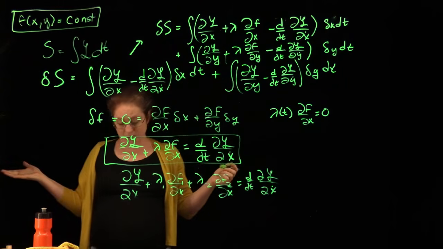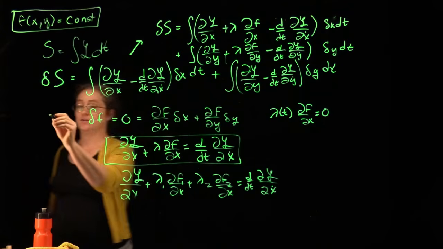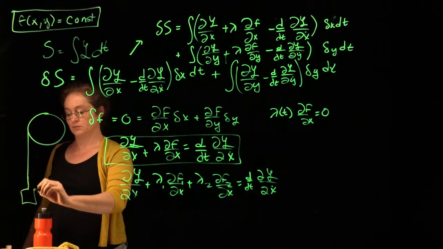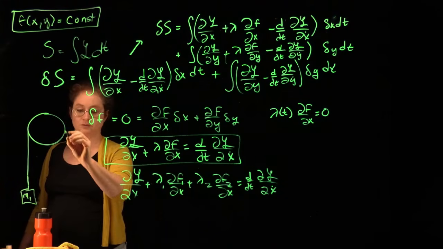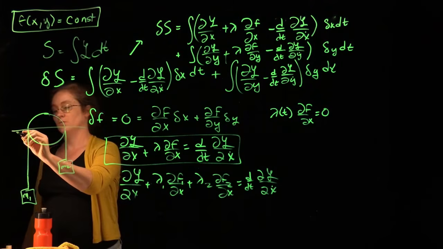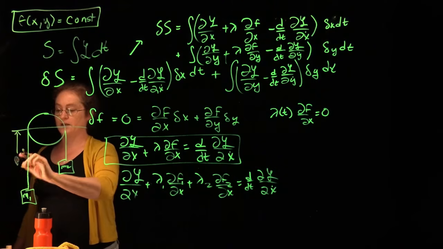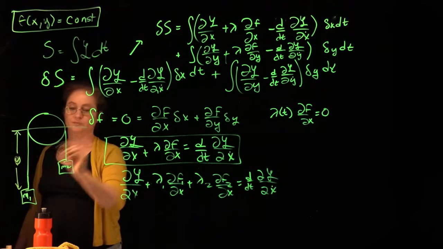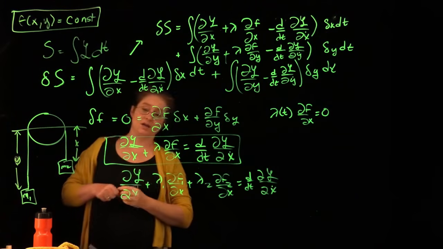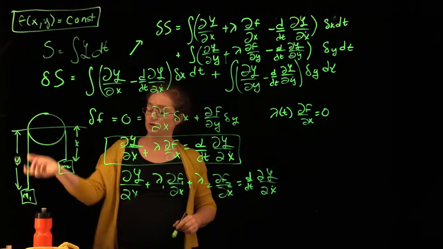So let's take the first case. You have an Atwood machine, which is the example that we are going to do next, with M1 and M2. This one is y. This one is x. In the case of a massless string, the tension is the same throughout.